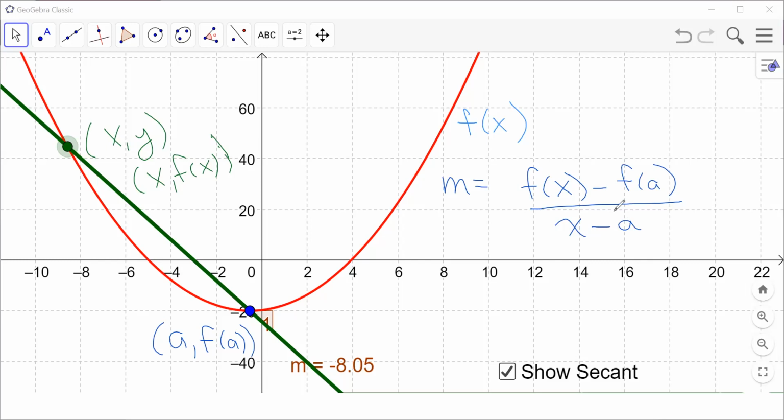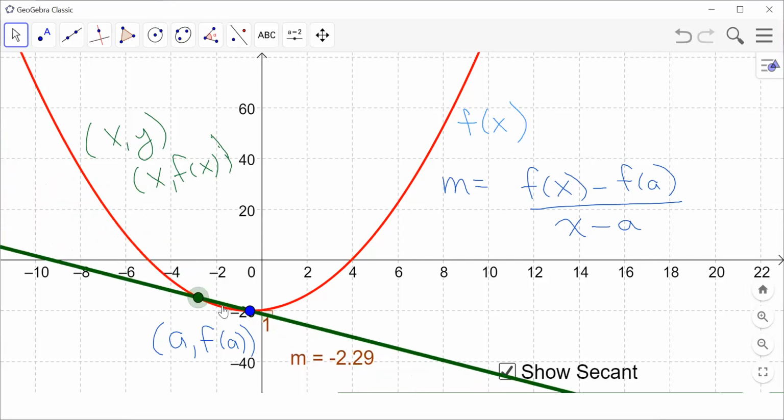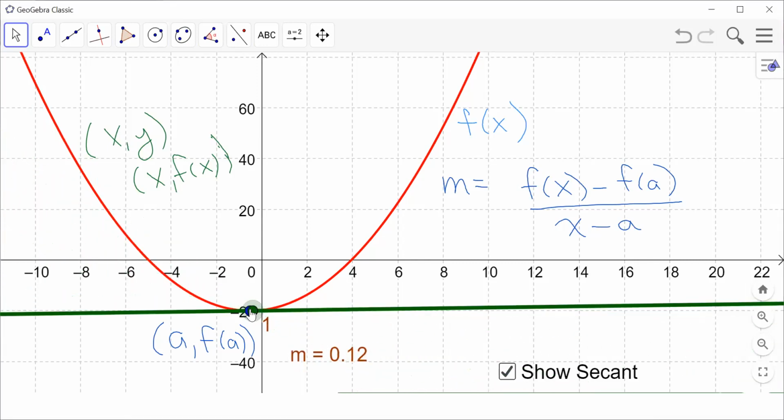But friends, what happens as we drag that green point closer to the blue point? What happens as x goes towards a? What happens as x approaches a? The slopes of the secant lines approach the slope of the tangent line.